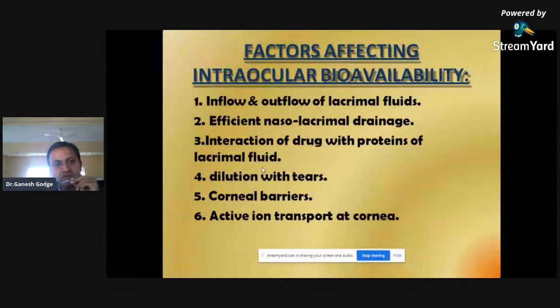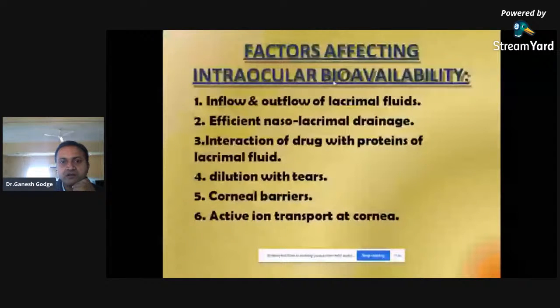Some amount of drug will pass over the surface of your cheek, while administering the ocular preparation you are lying down on bed. Some amount of drug enters through the nasolacrimal canal into the nostrils, that is lacrimal drainage. So inflow and outflow of your lacrimal fluid is one of the factors which affect the viability of your formulation.